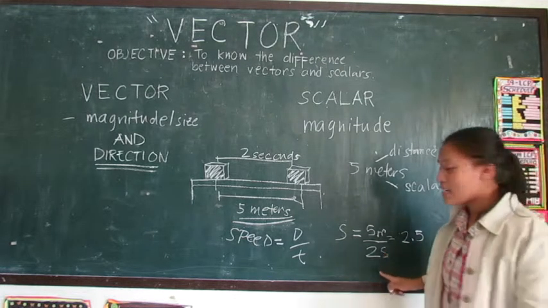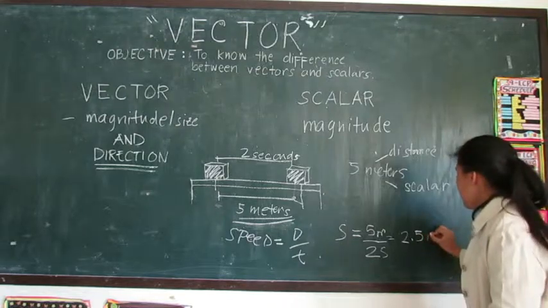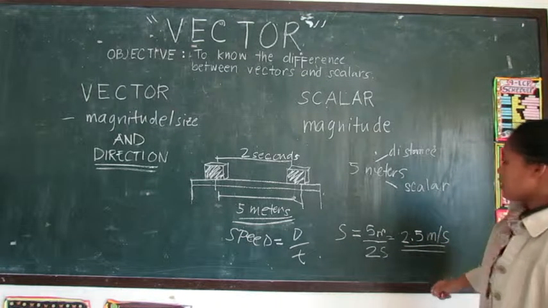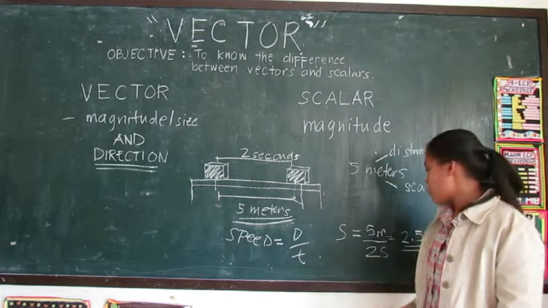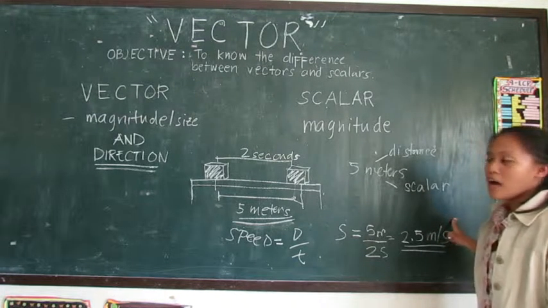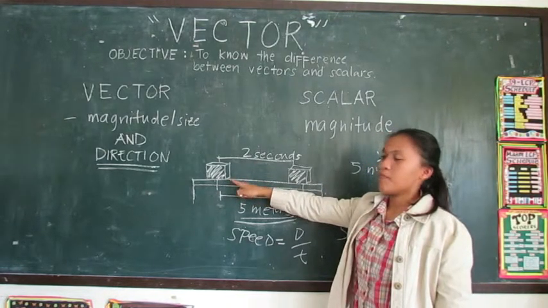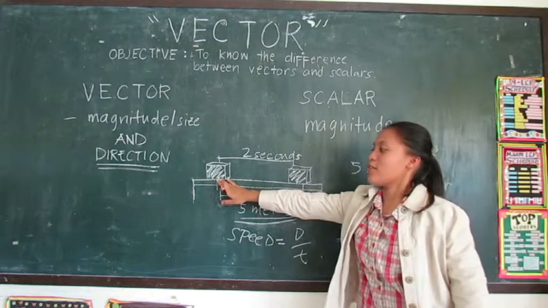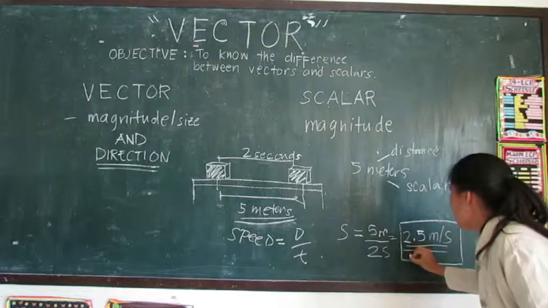We can say that the speed is 2.5 meters per second. Now, speed is also a velocity. We can consider this 2.5 meters per second as the velocity of the box that traveled from here to there. This is our velocity.